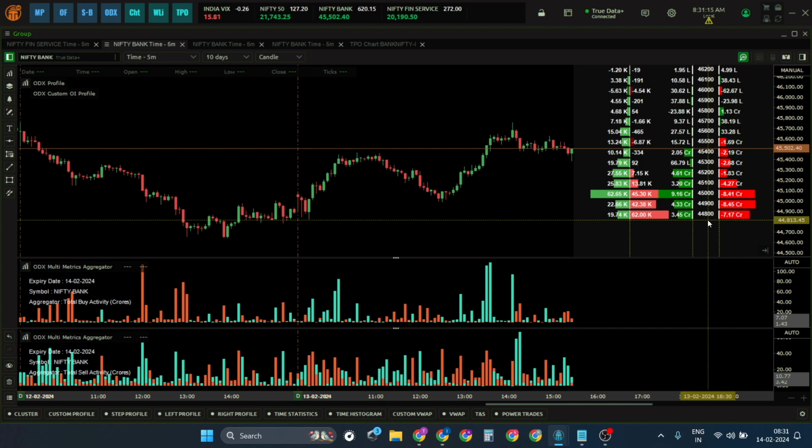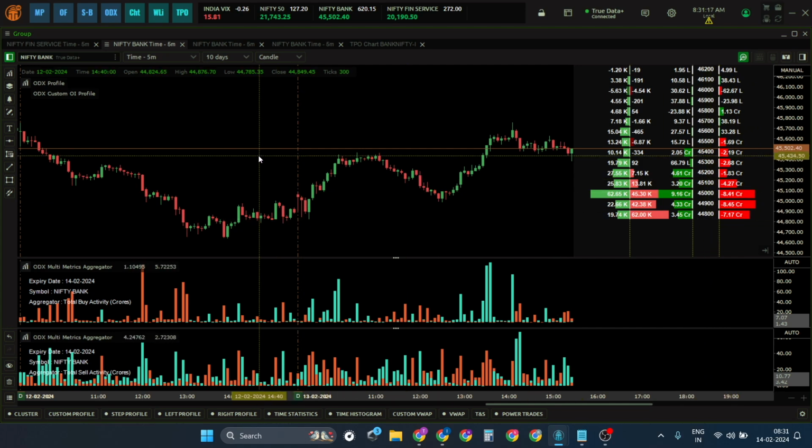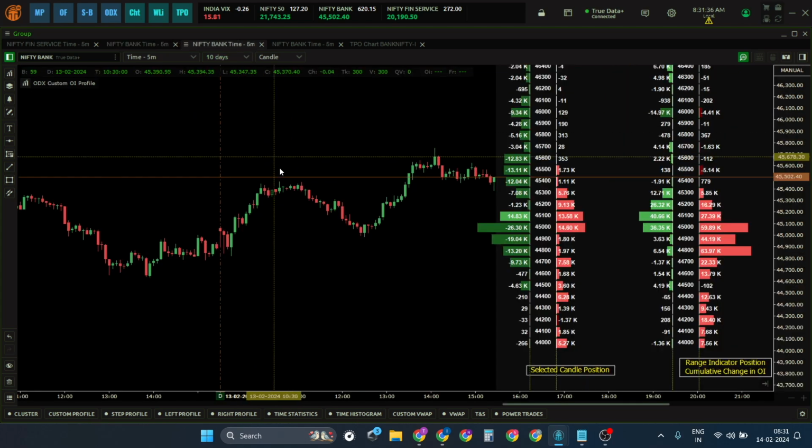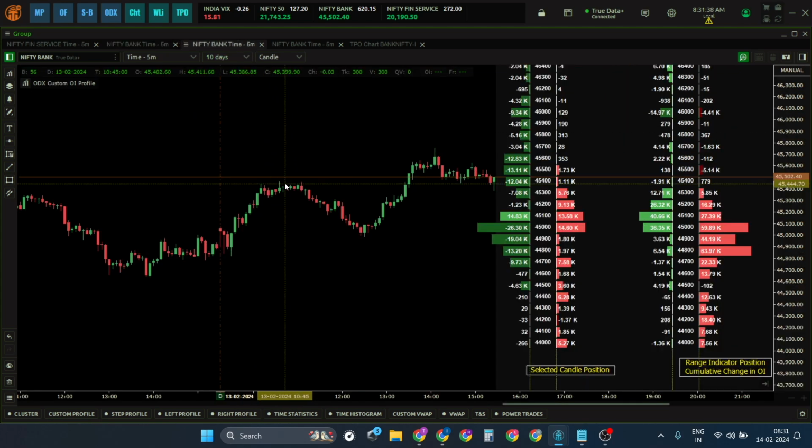And by the way, this is one of my setups using ODX indicators, and it is an amazing strategy. It gives me good intraday trades, for buying as well as selling. Once we complete all the indicator introductions, thereafter we will start going with the setups. I will share some powerful setups which will give you a powerful context of the market.